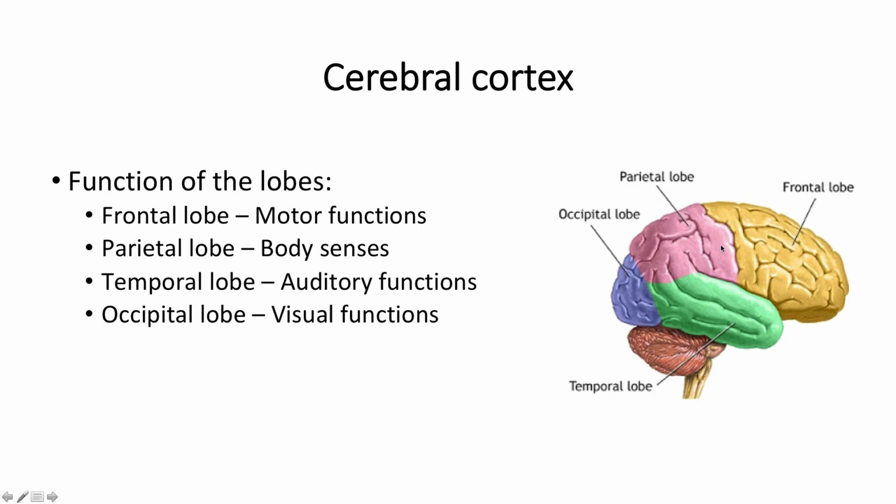So body senses, and the primary somatosensory cortex is right here. Then we have the occipital lobe, it's important for vision, which is technically very funny because it's all the way in the back and your eyes are all the way at the front. And then we have the temporal lobe, which is important for a lot of things, including auditory functions and things like memory.